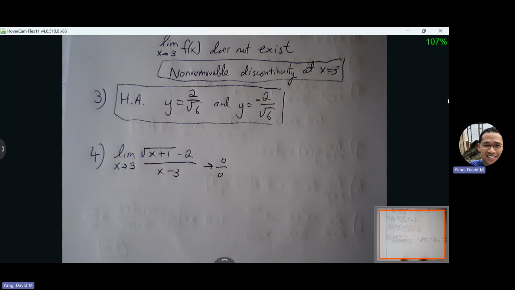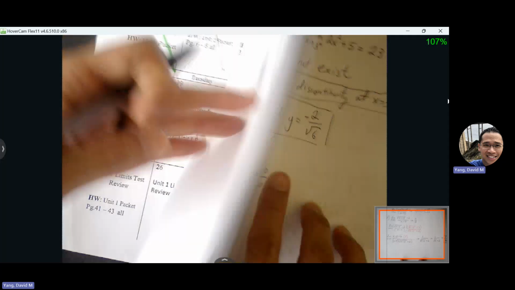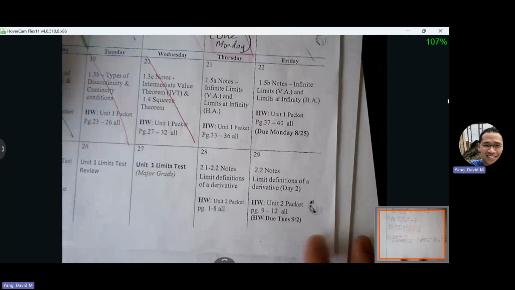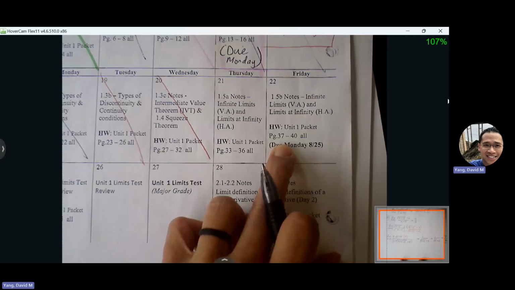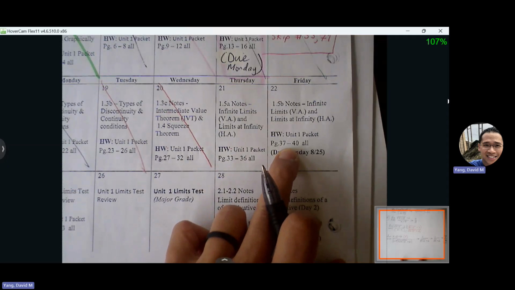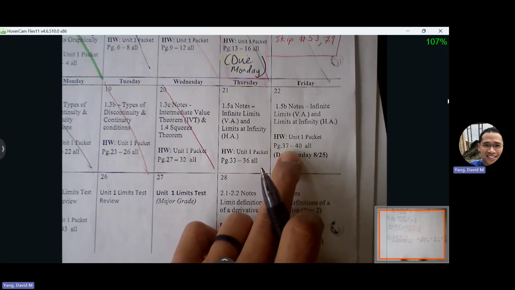Okay, your homework, I think you guys have pretty much finished it just from the regular packet, from the notes packet. You're just going to do page 37 and 40. There's probably only minimal problems that you have to do. So I'll send out a reminder though, but I think you guys are almost finished all the problems there.